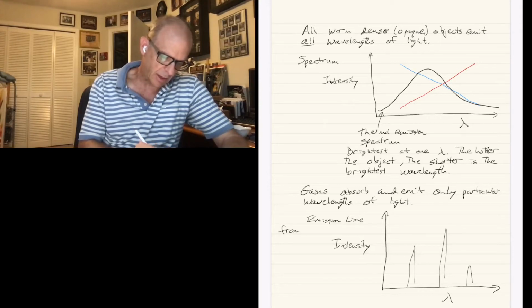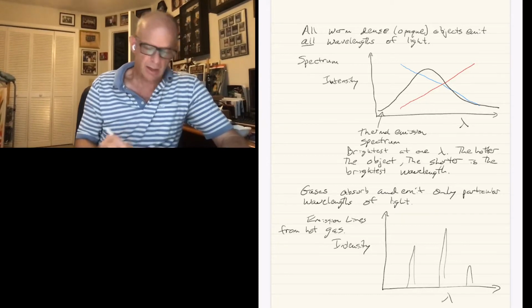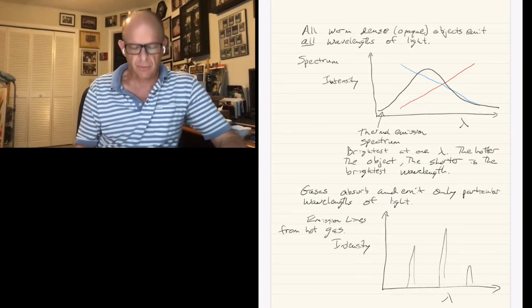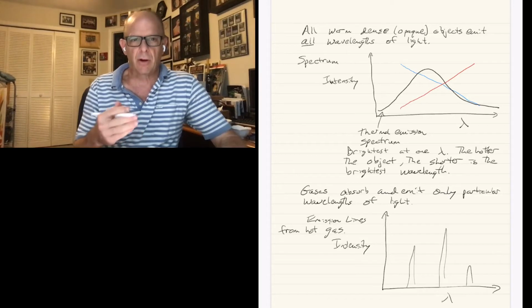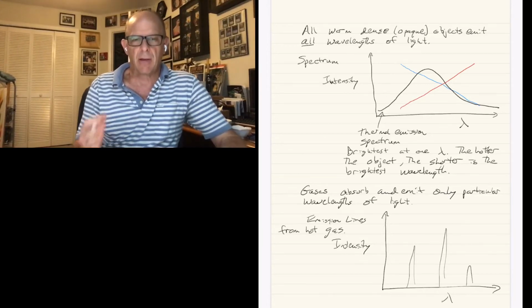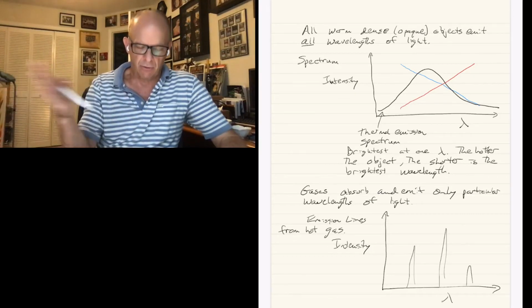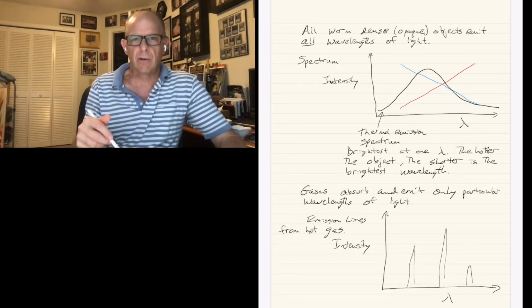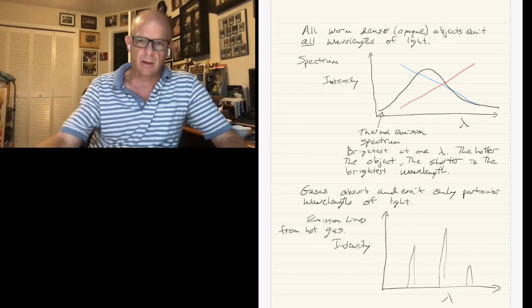So these are emission lines from a hot gas, and whatever gas this is, those specific wavelengths are determined by the composition of that gas. Now, if I have that gas that is cold and light is shining through it, those are the same wavelengths that that gas will absorb from the light that is coming into it.